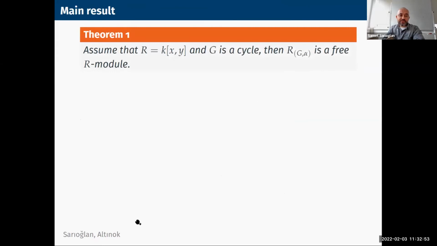Now we have the main result of this talk. Assume that R is the polynomial ring with two variables and G is a cycle, then RG alpha is a free R-module. Let me explain the proof. Let me give the sketch of the proof actually. First of all, the projective dimension of R over IG, the quotient module, is less than or equal to 2 by the Hilbert Syzygy theorem.